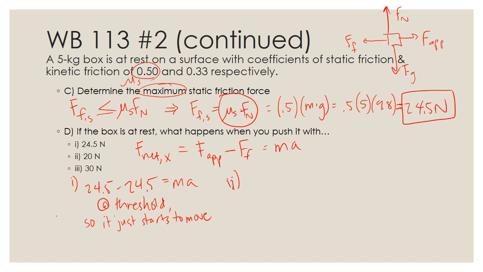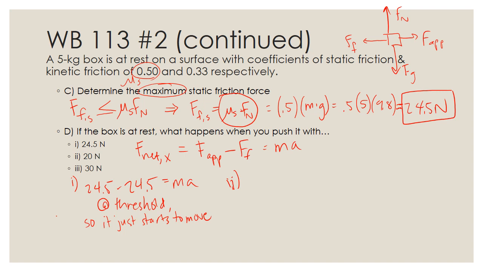In the case of pushing with only 20 newtons, with 20 newtons applied force, and friction is able to push up to 24.5, it's not going to move, because you have to push over that threshold value of 24.5 newtons for it to start moving.